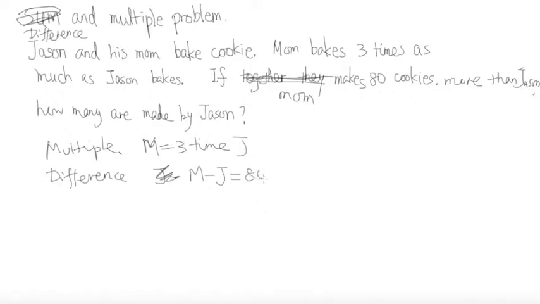The difference is 80. So how do you solve this problem? Well, the idea is the same. Let's just use the graph to represent the situation. We'll represent Jason's amount of cookies with the bar, like before. And Mom bakes 3 times as much, so 3 bars.